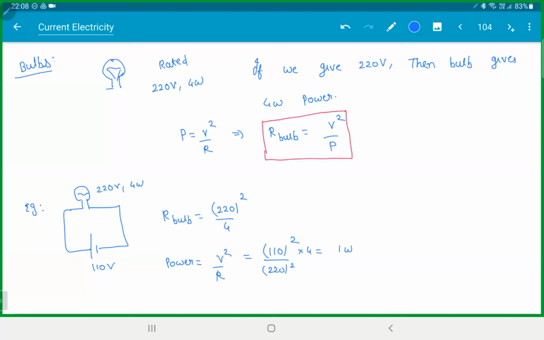I hope you're getting it. You can take any bulb and keep it at any voltage. It's not that only 220 volt you have to keep. But this is the meaning of rated voltage. If you keep across 220, you get 4. If I keep across something else, I'll get something else. But I can find the resistance using this, 220 square by 4. Do have a look at this.